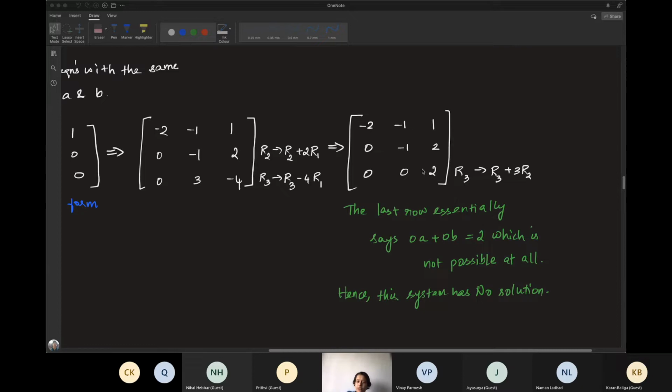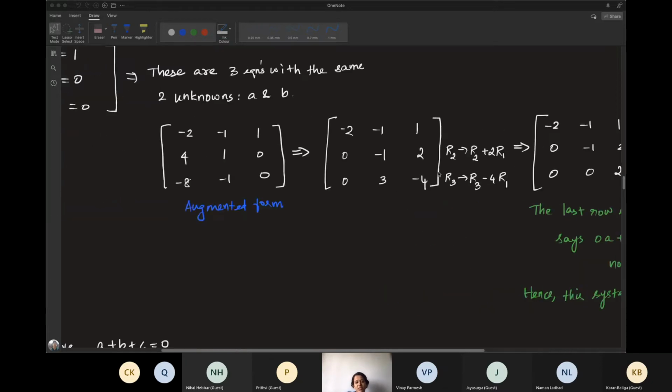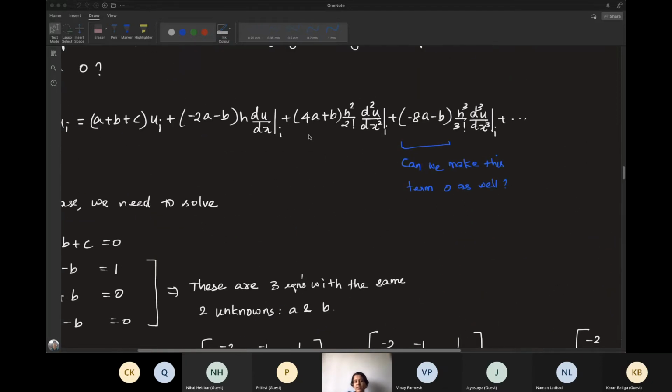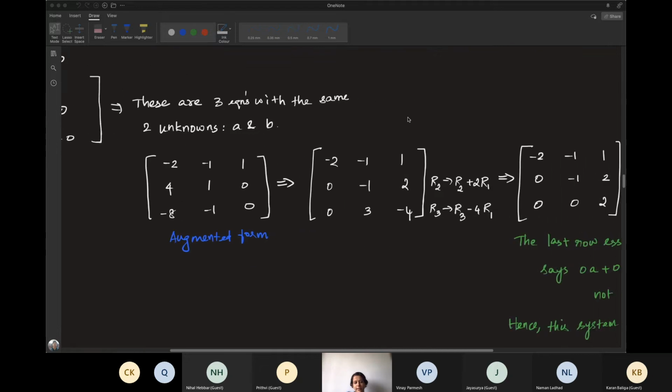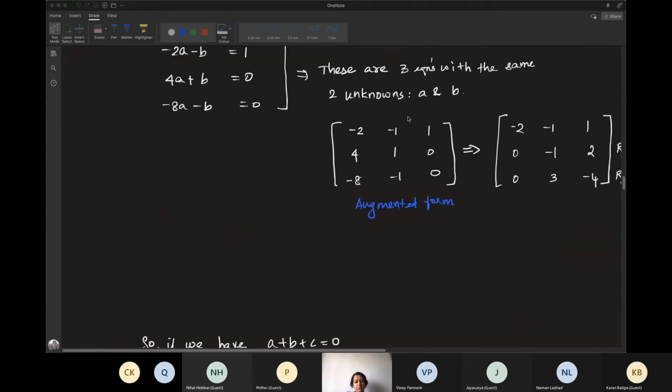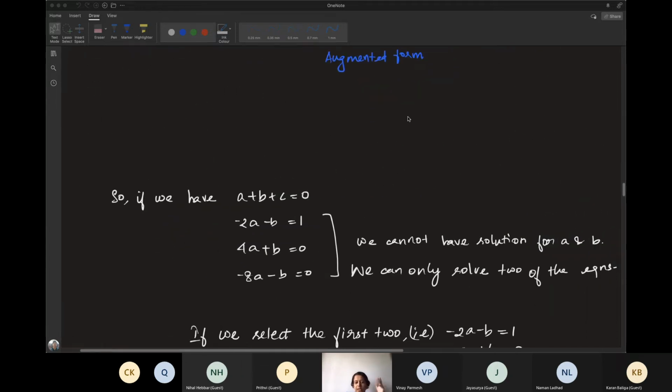So suppose we have this term to be 0, then we may have a solution. So it's not always that we will not have a solution at all. It depends, but mostly for these things, by looking at it, we can say that they're not even parallel. So we will not have a solution at all. In this case, we won't be having any solution, so we cannot further improve the accuracy.